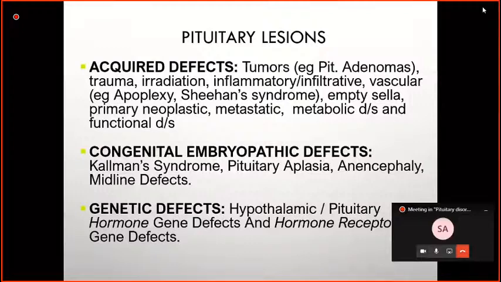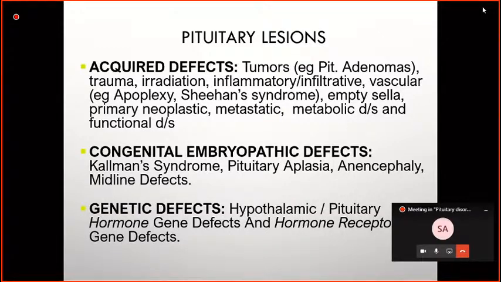Most commonly it is pituitary adenoma. Other lesions can be caused by trauma, irradiation, inflammation, infection, and vascular disorders. You will come across the term pituitary apoplexy.